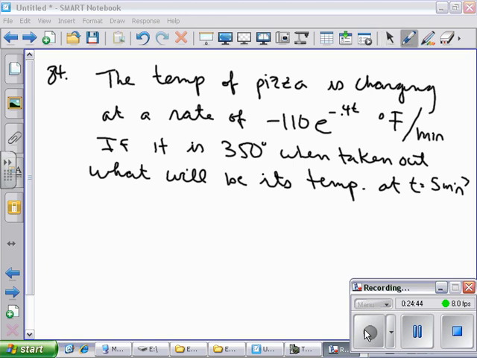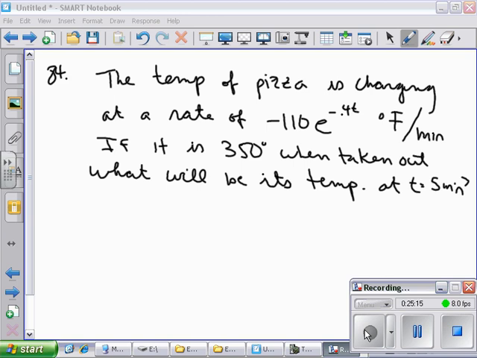Okay, we have the rate at which the temperature is changing. If we integrate that, what's that going to give us? The total change in the temperature, right? Now, they actually want to know what the temperature is. They don't say what is just the change. So whenever they want to know what the value of a function is, you got to take the starting value, and then you can just subtract or add this change, which where this rate is negative, so it will be a negative number.